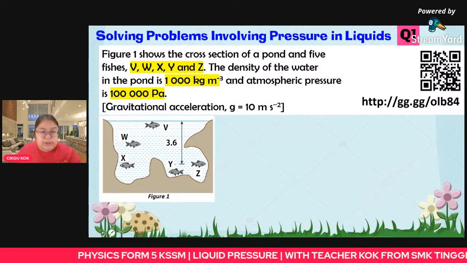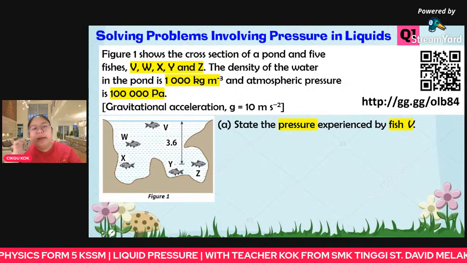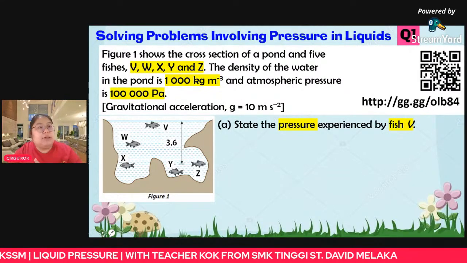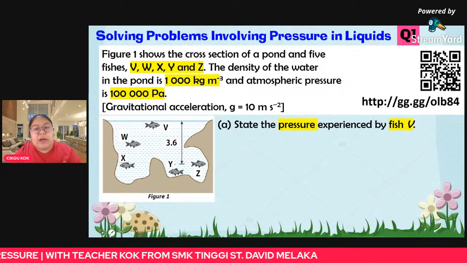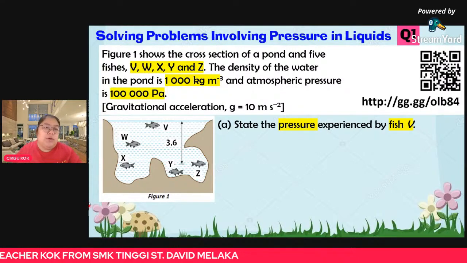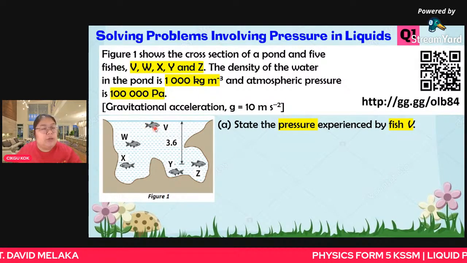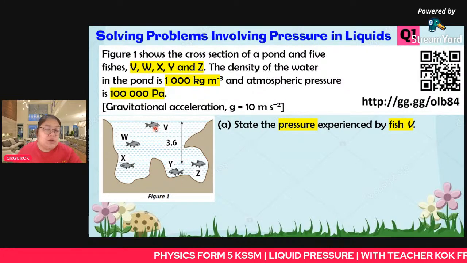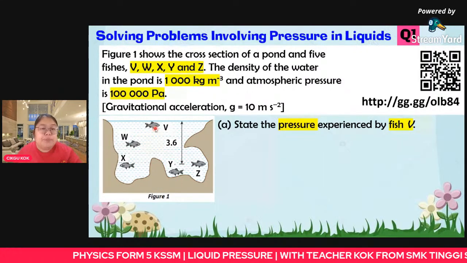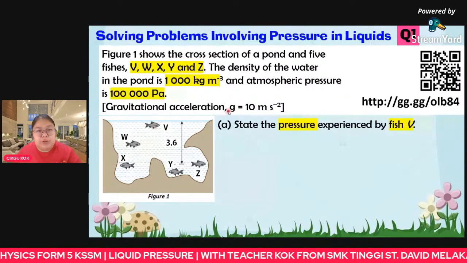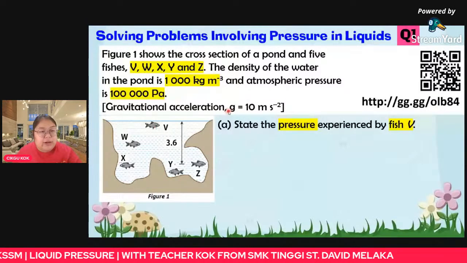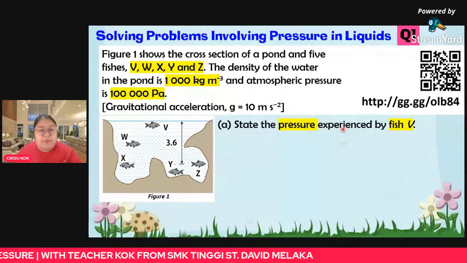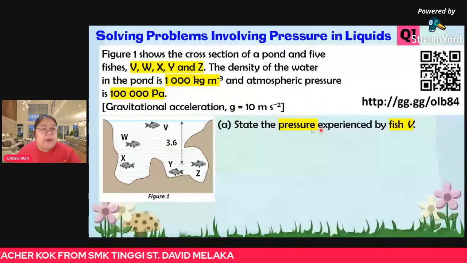Let's see the first question. Can you state the pressure experienced by the fish V? They want V only. Actually, what pressure is acting on fish V? We just have surface pressure only. So the surface pressure should be the atmospheric pressure, is it? So what is the atmospheric pressure?